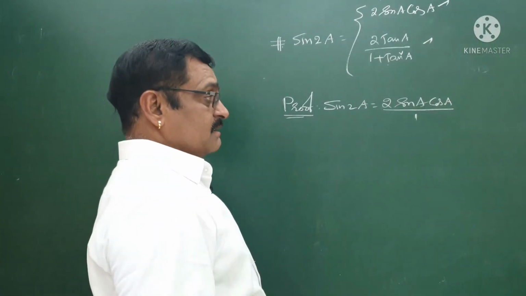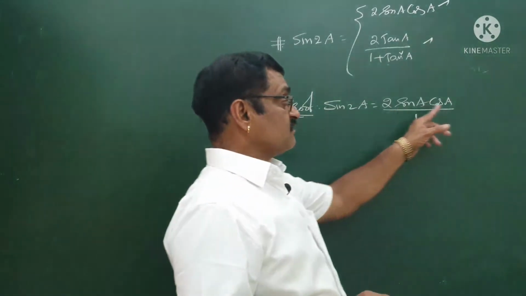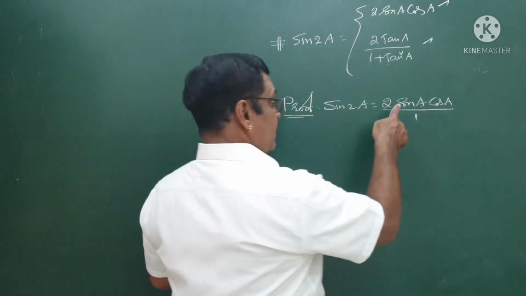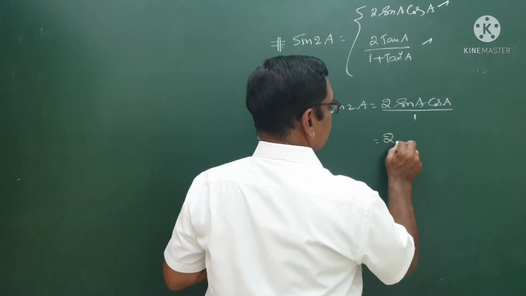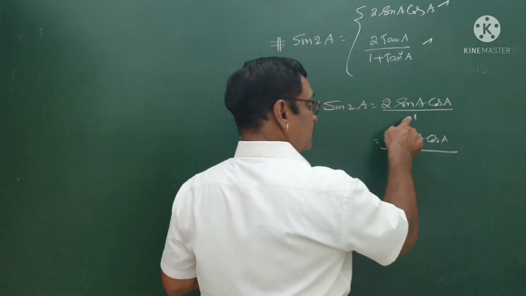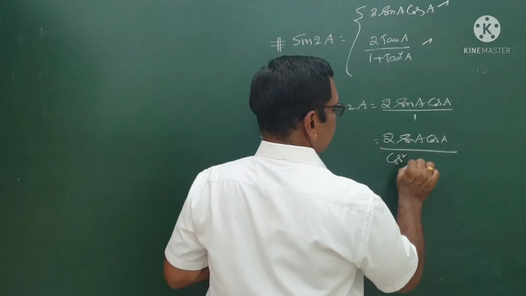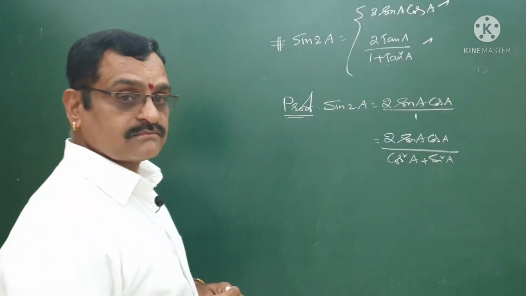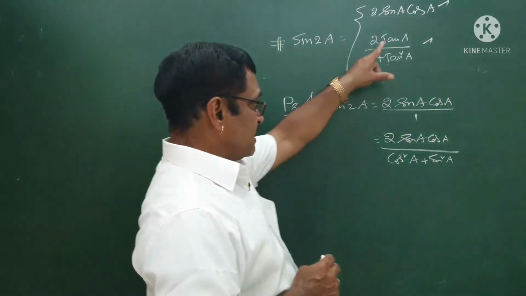In the place of 1, I have a relation between sin and cos, that is cos square A plus sin square A. So write this 1 as 2 sin A cos A over, in the place of 1, simply you write cos square A plus sin square A.